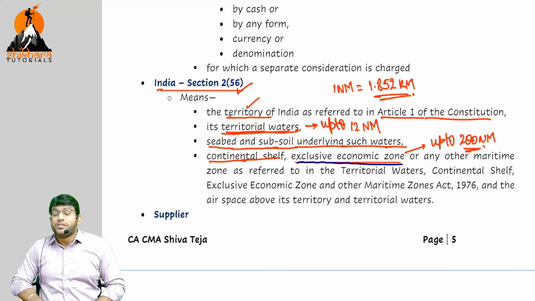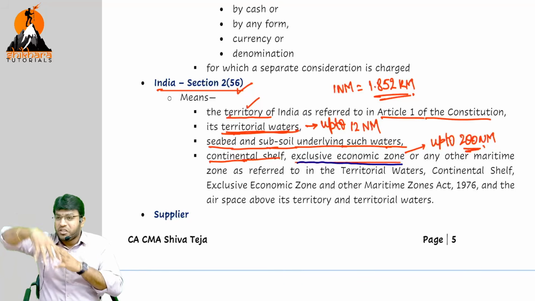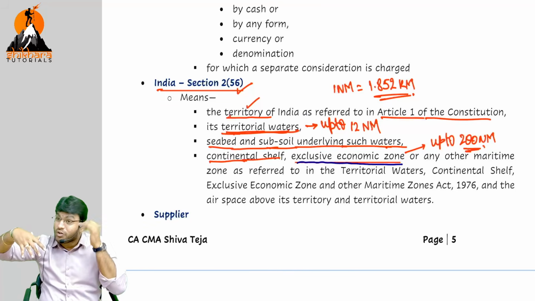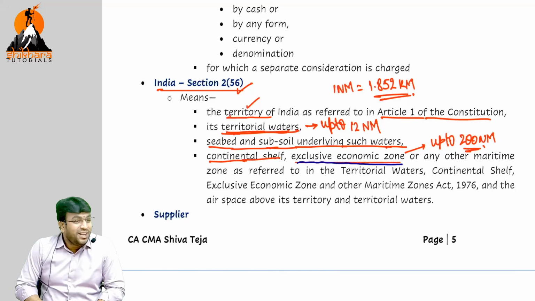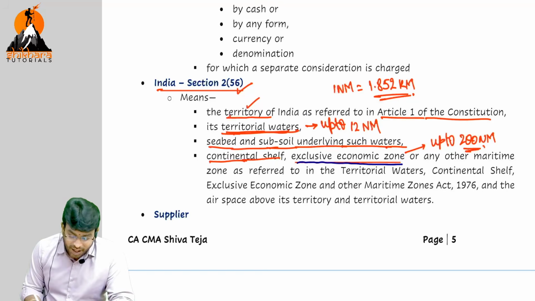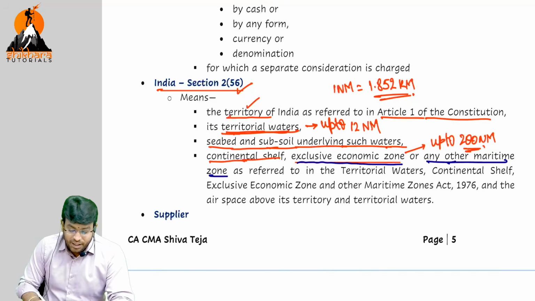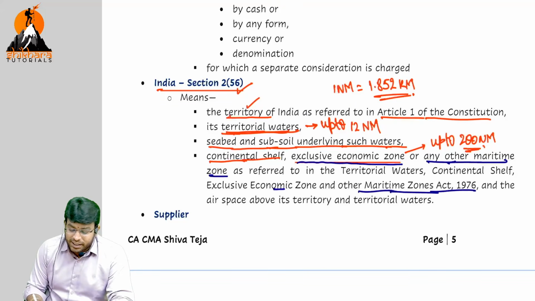You would have seen in some movies big ships in the water trying to extract oil. Understood? India covers territory, territorial waters, seabed and subsoil underlying such water, continental shelf, exclusive economic zone, or any other maritime zone as referred to in the Territorial Waters, Continental Shelf, EEZ and Other Maritime Zones Act, 1976.